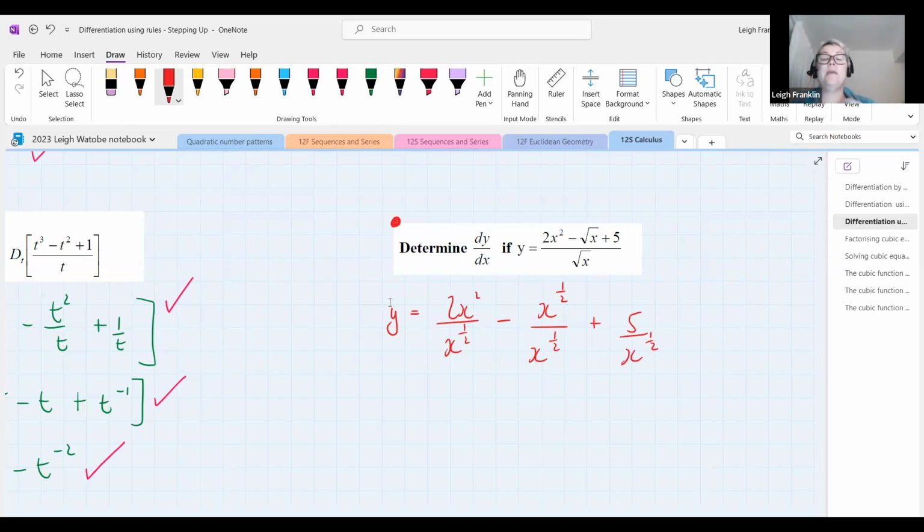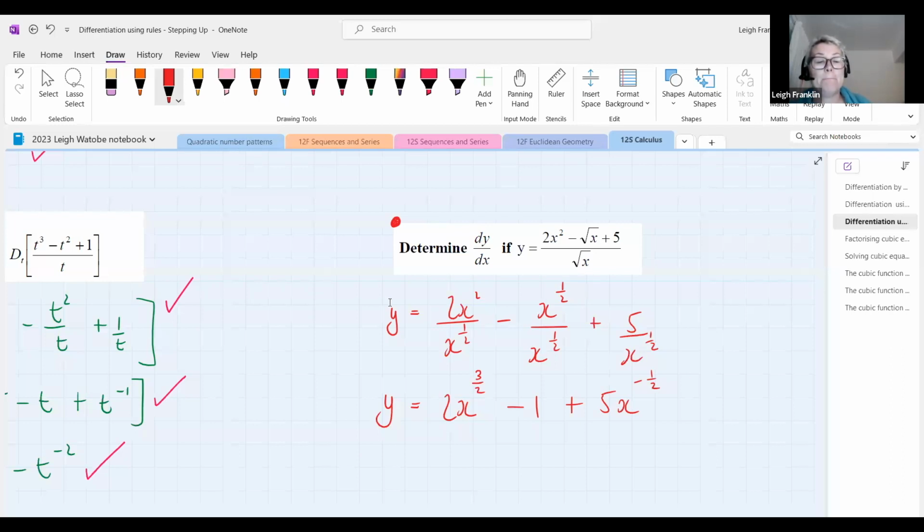Cool, lovely. Keep going. And then I said y equals, I simplified it, 2x to the power of 3 over 2, minus 1, plus 5x to the power of negative a half. Stunning. Go for it.